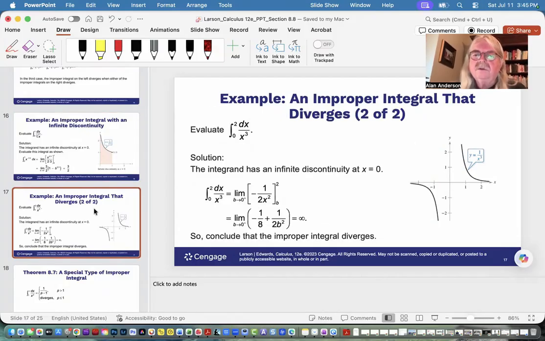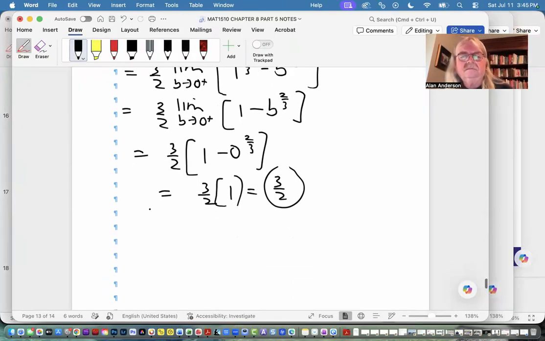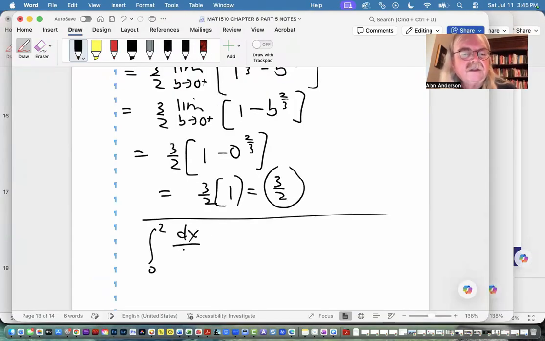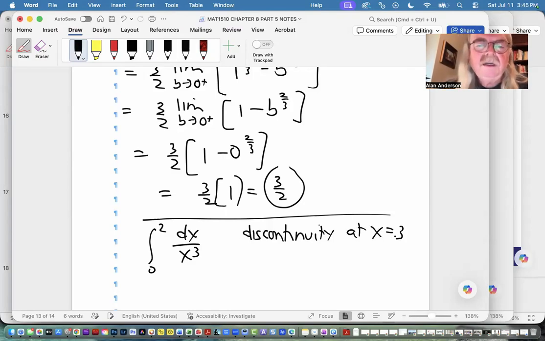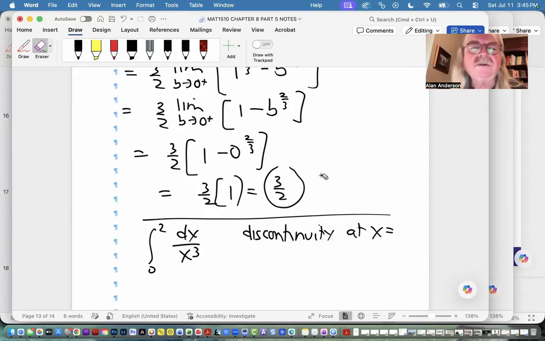All right, what about the, oh, look at this mess. So instead of the cube root of x, it's now 1 over x cubed, which has, as you can see, a vertical asymptote there. So it's the integral from 0 to 2 of dx over x cubed. Wait, no, x equals 0.